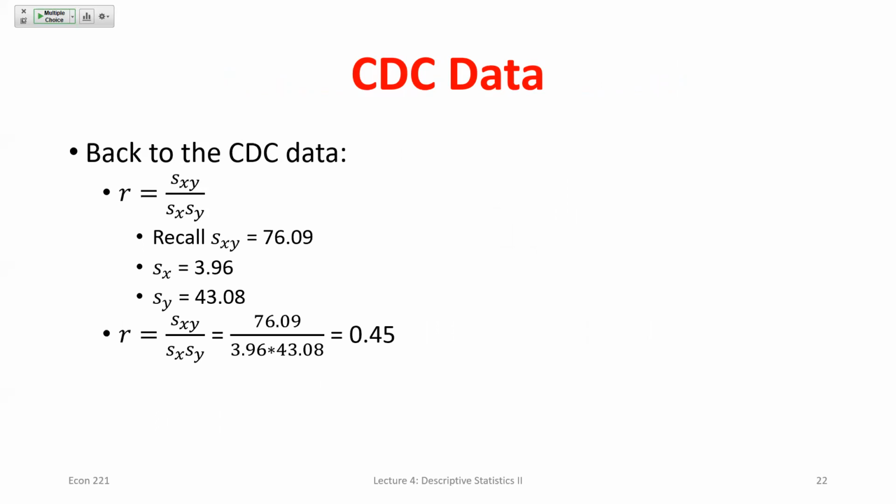There's no rule of thumb for what a quote unquote strong relationship would be, but we can compare across data sets now. So maybe I have this correlation between height and weight of 0.45. And I might want to say, okay, how does that compare to the relationship between test scores and the hours of Netflix watched? So height and weight is going to be a correlation coefficient of 0.45.